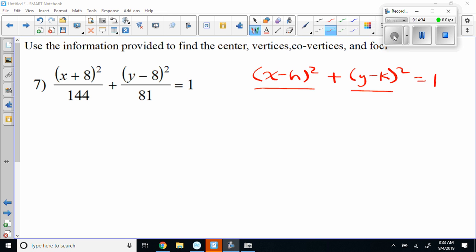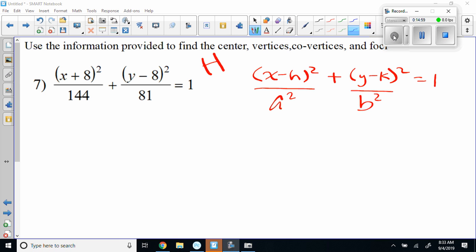And because the orientation is horizontal, this is a squared and that is b squared. It's hard to read this if you don't know what you're looking at. So that's why I wrote down this formula, right?